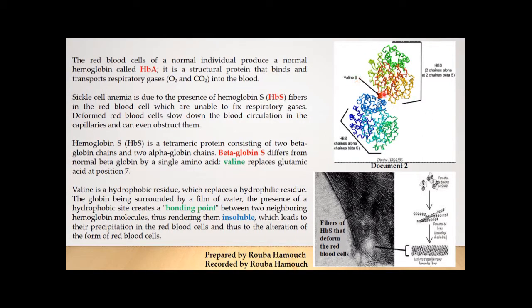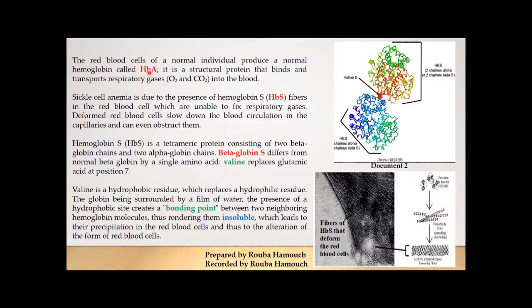So here we have a valine residue in the hemoglobin S. Here we have another molecule of hemoglobin S also having valine replacing glutamic acid. So the abnormality here, or the mutation here, is that the hemoglobin S contains valine instead of glutamic acid.